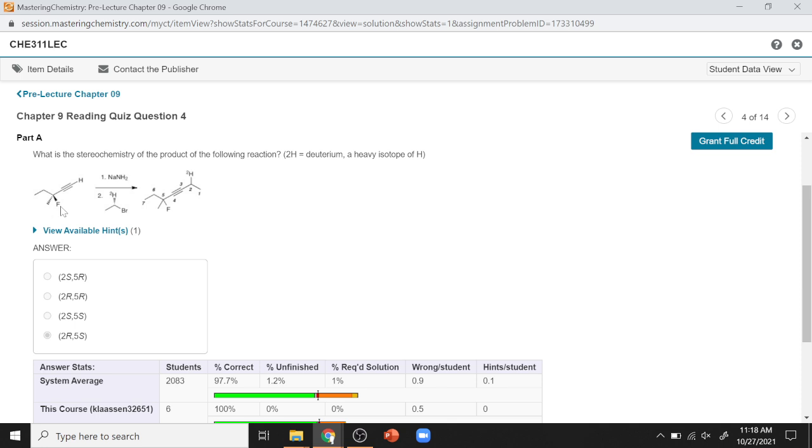All right. Then we do this one, don't we? Okay, fantastic. So we need to go ahead and figure out its geometry right here, and that geometry should maintain, shouldn't it? Okay, so we go ahead and look at the geometry. What are the priorities for these groups? You guys figure it out.